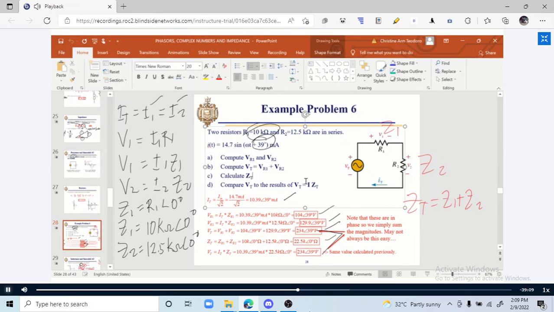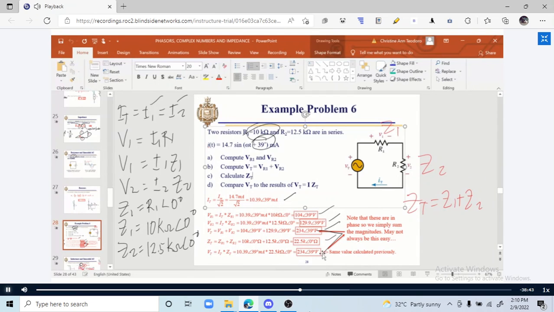We already have the total current and the total impedance. Therefore, we can now multiply them by each other. So that is 10.39 angle 39 degrees milliamps, which is your total current, multiplied by your 22.5 kilo ohm angle 0 degree, which is your total impedance, and that is equal to 234 angle 39 degrees volts.